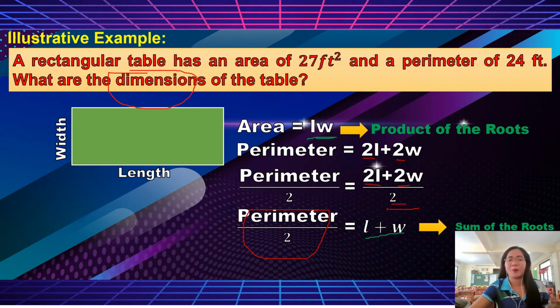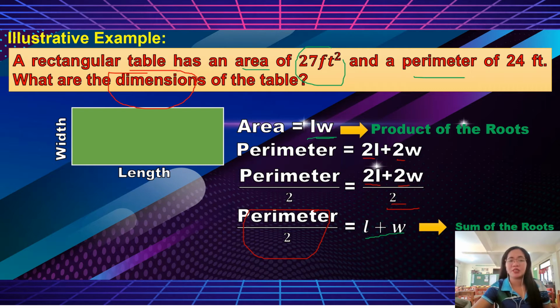So if your given problem has the area or the perimeter, then you are going to follow this process. The area will serve as your product of roots, and perimeter over 2 will serve as your sum of roots.